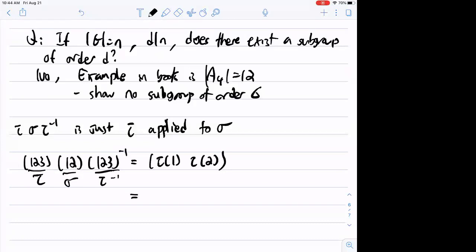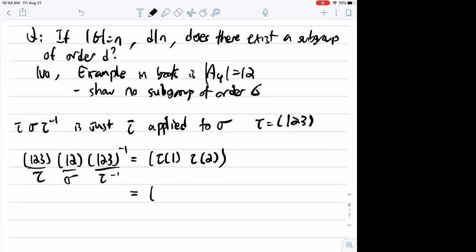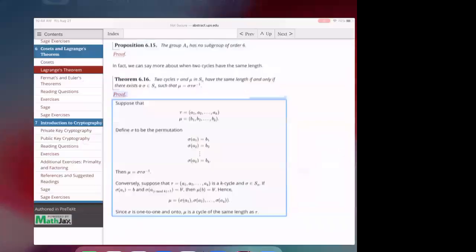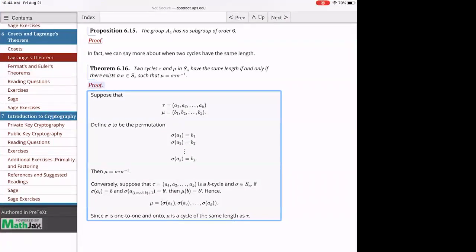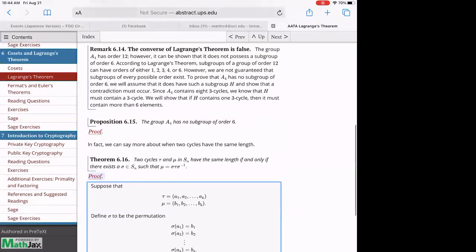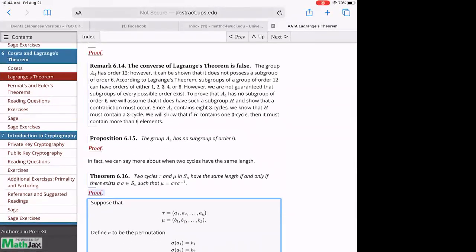Where does tau take 1? Tau is (1 2 3), so tau takes 1 to 2. And where does tau take 2? Tau takes 2 to 3. It's just a faster way of computing. I think it uses that fact to prove A4 has no subgroup of order 6.